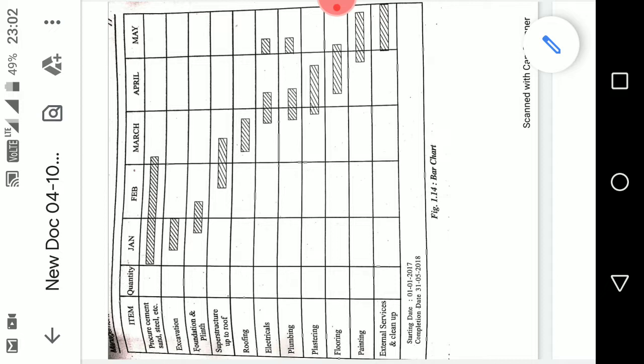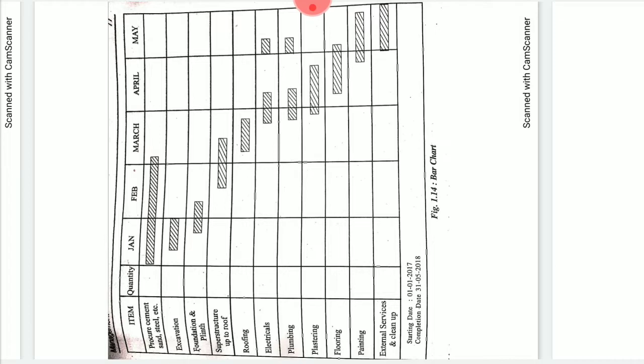And one more limitation is that it does not show the interdependence between the various activities in the project that we have discussed already. The next limitation, the progress of the works in the project cannot be monitored scientifically.